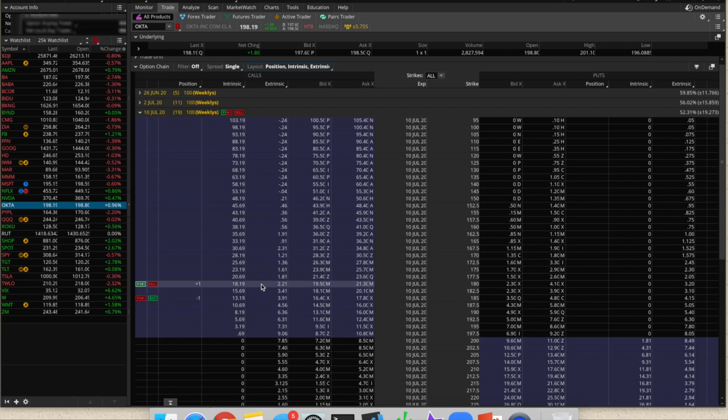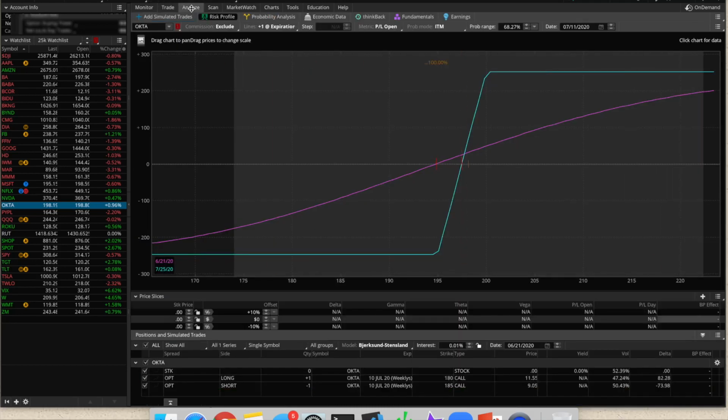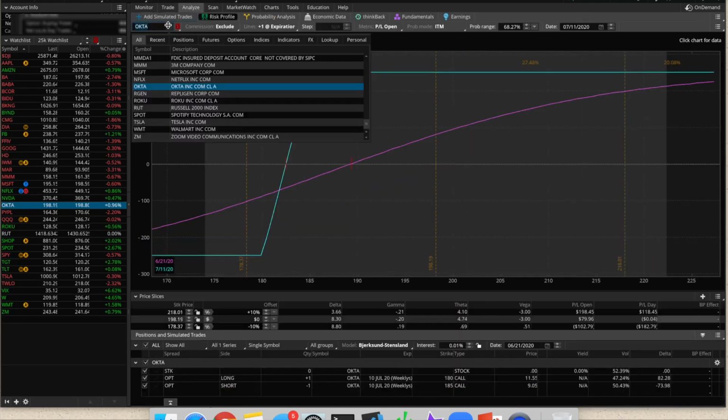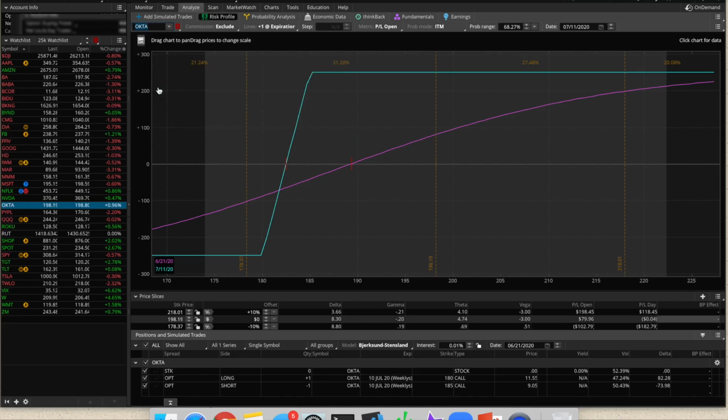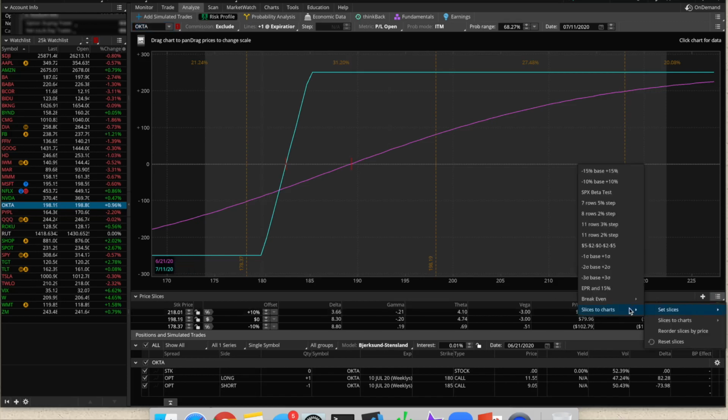Now to explain the profitability further, let's switch to this tab called Analyze in thinkorswim, and Okta is currently selected, and it has already chosen the position that I have, 180/185. And let's do this. In this section where it says price slices, let's set slices to break even, and it shows you two dates.